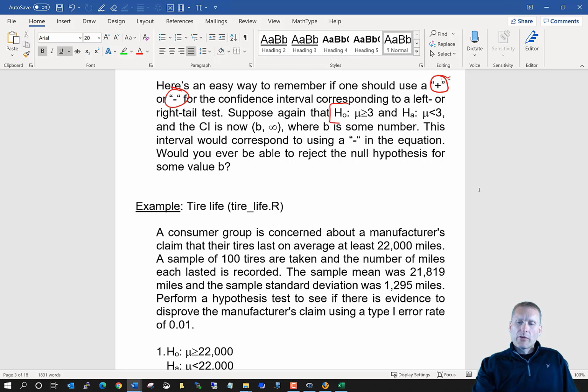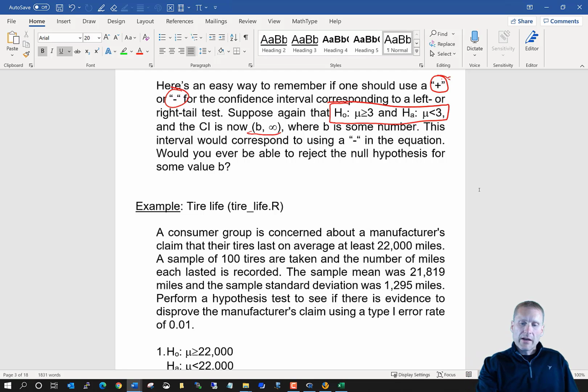Let's say that we were doing this left-tailed test, where notice H0 is mu greater than or equal to 3, HA is mu less than 3. Now, instead of using the correct interval, which would have negative infinity as a lower bound and the numerical value as the upper bound, suppose we reverse things.